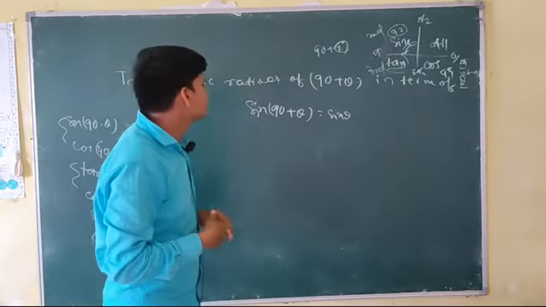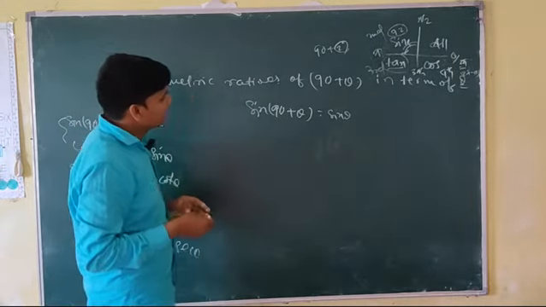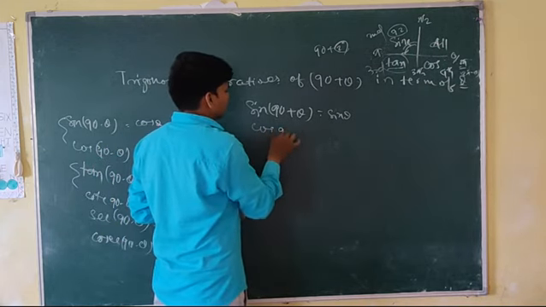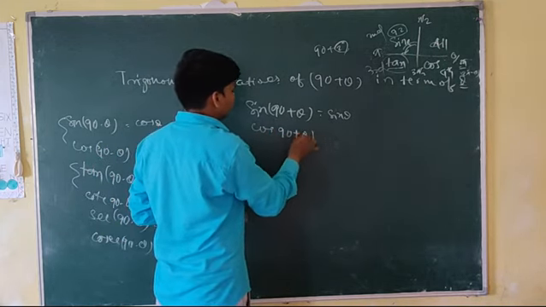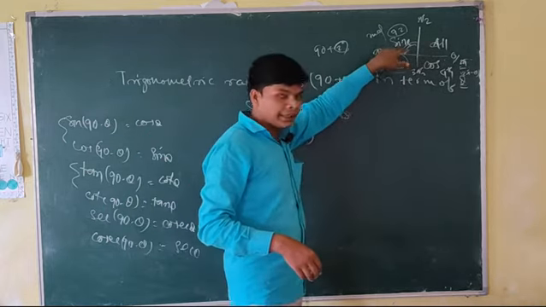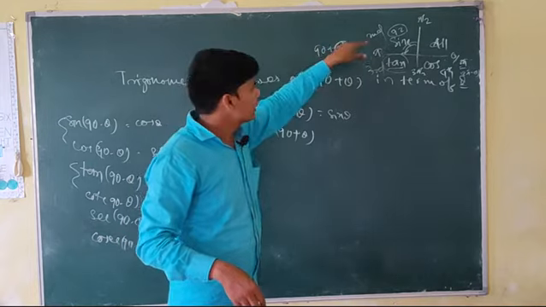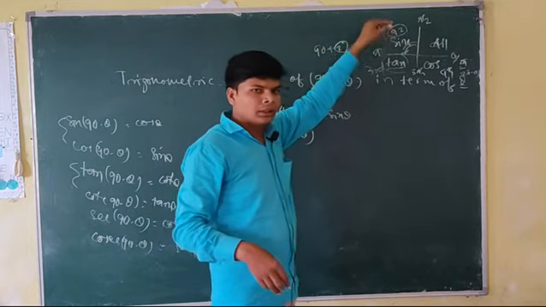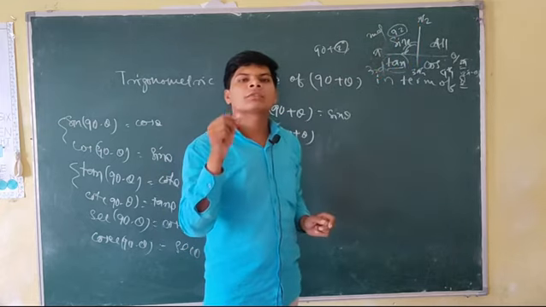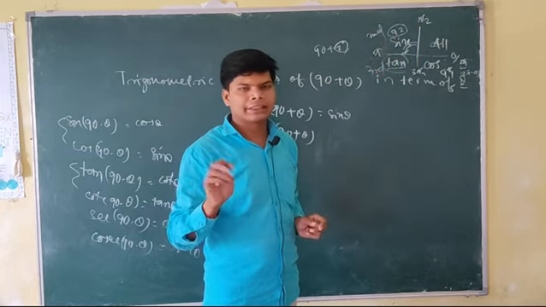Okay, sin 90 plus theta is sin theta. Cos 90 plus theta is, see here, as I said, in the second quadrant, except sin and cosec, all ratios are negative.